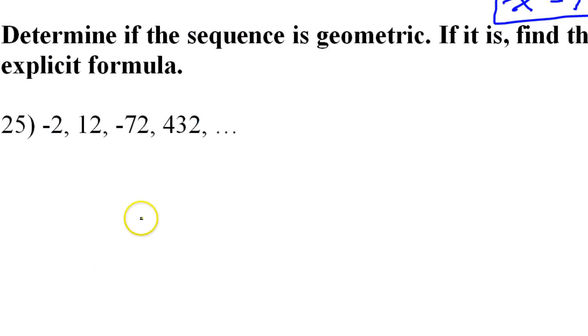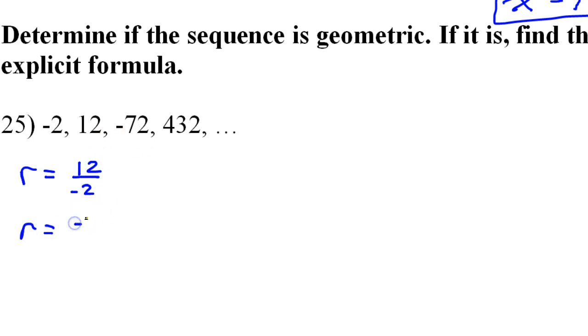All right, last two problems. To determine if the sequence is geometric, we need to see if there's a common ratio. The way you find a common ratio, if there is one, is you take each term and divide by the previous term. For example, 12 divided by negative 2.